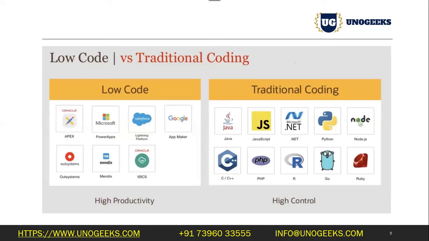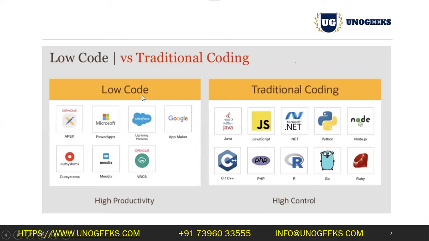So when Oracle Apex is low code, we need to understand what low code is compared to traditional coding. Here we have some of the low-code platforms and traditional coding platforms. One of the main things for using low code is high productivity, and for traditional there will be high control.